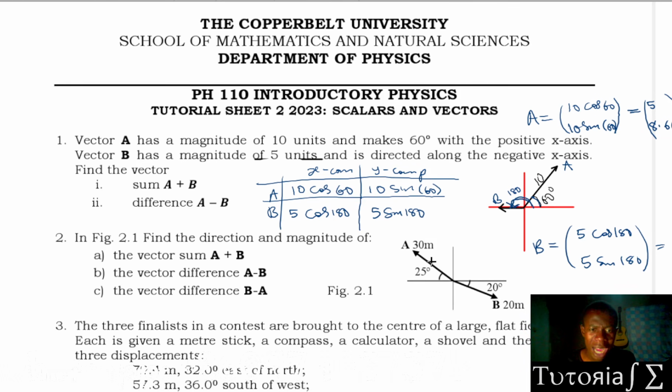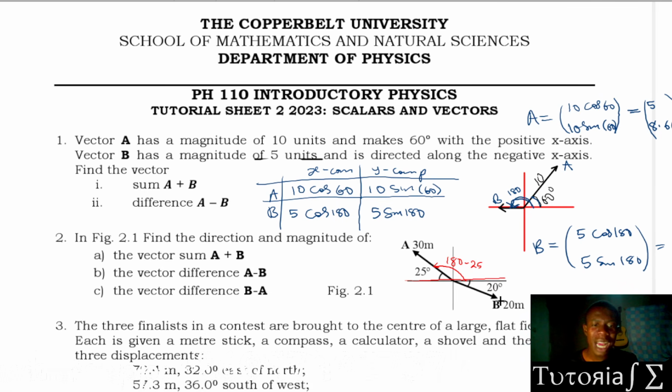For A, the angle at which A is at is the angle from the x-axis to where A is. This entire line is 180 degrees, so the angle is 180 minus 25 degrees. That will give you the angle at which A is at.